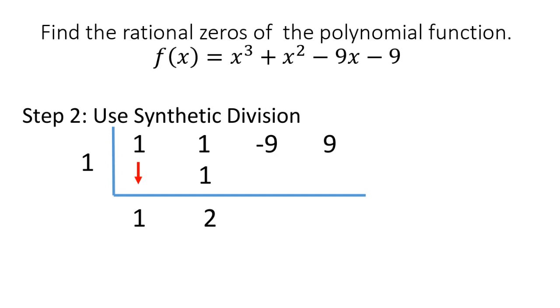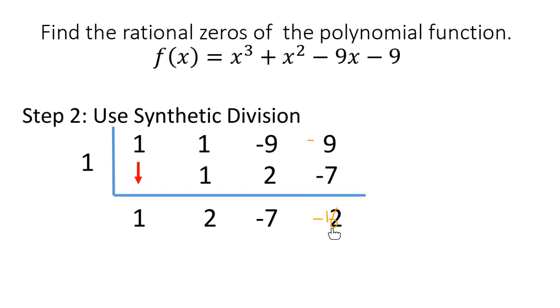Then we do it again. 1 times 2 is going to give me 2, and negative 9 plus 2 is negative 7. Let's do it one more time. 1 times negative 7 is going to give me negative 7, and negative 9 with a negative 7 is going to give me negative 16.